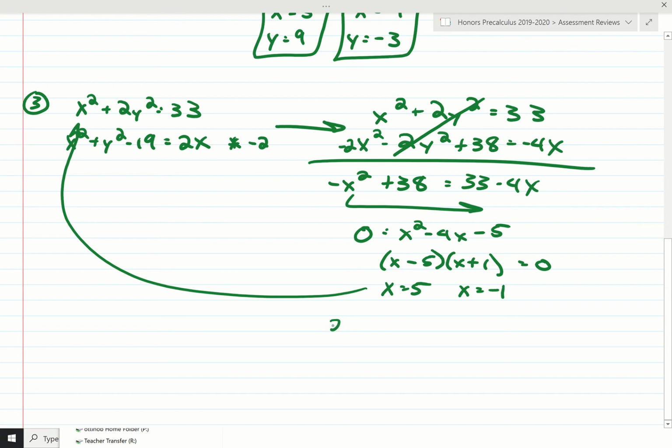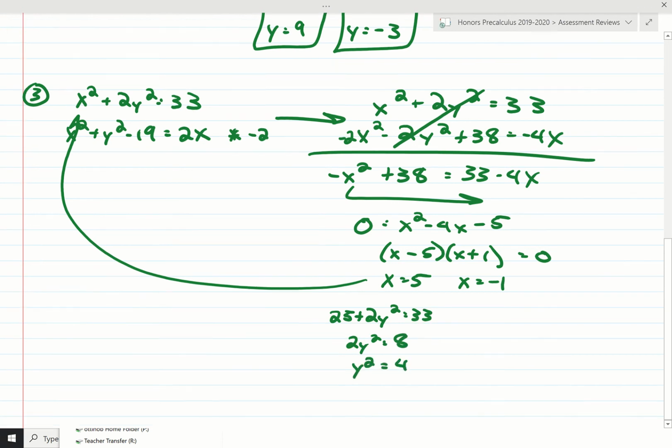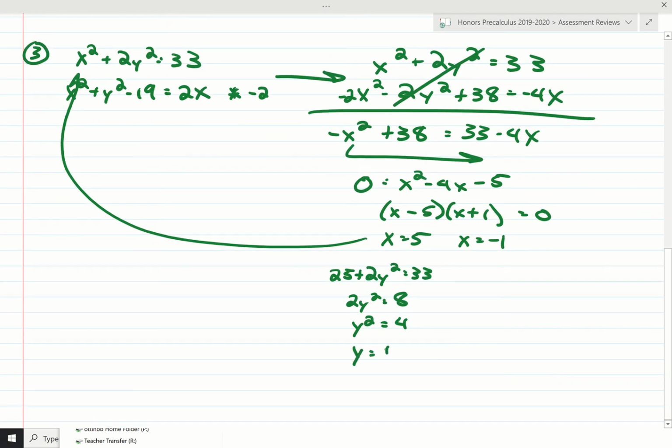5 squared is 25 plus 2y squared is equal to 33. So 2y squared would equal 8. y squared would equal 4. And y would be plus or minus 2. And for our second one, if we plug in negative 1, we would get 1 plus 2y squared is equal to 33.